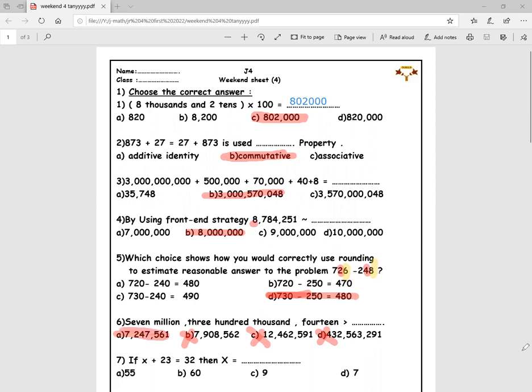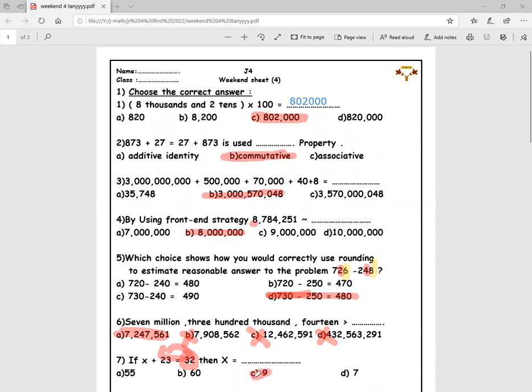If x plus 23 equals 32, then x equals what? So I know here that x is in the part and 32 is the whole. So to get x, I have to say 32 minus 23, and the answer is going to be what?